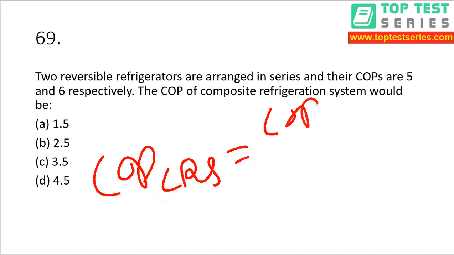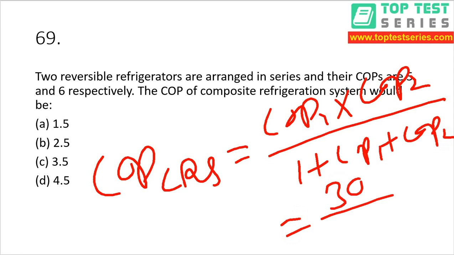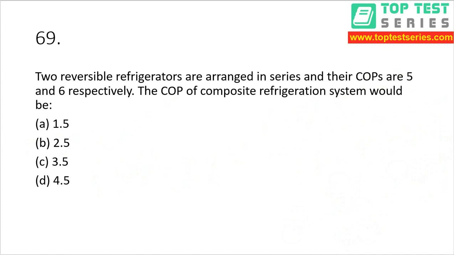COP1 multiplied by COP2 divided by 1 plus COP1 plus COP2. So here, 5 multiplied by 6 is 30, and 1 plus 5 plus 6 is 12. So 2.5. Therefore, answer for this question, what, my dear? Option B is the correct answer for this question.